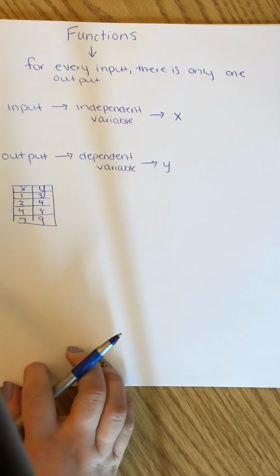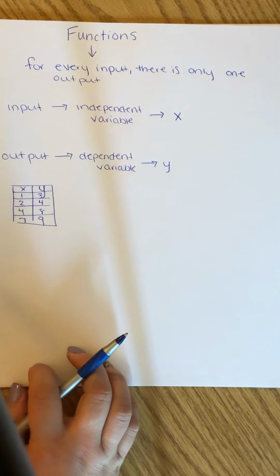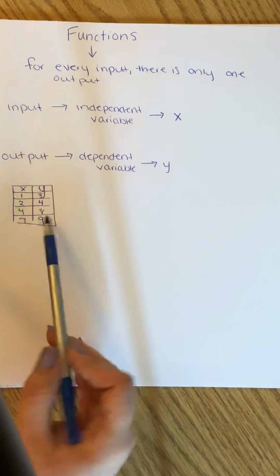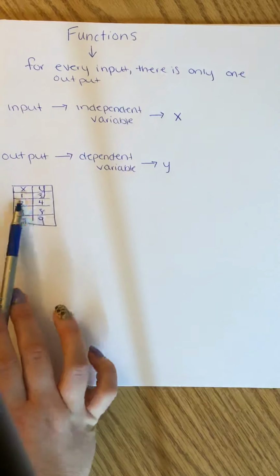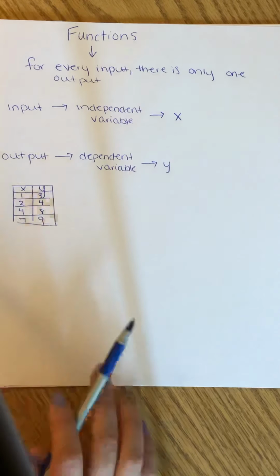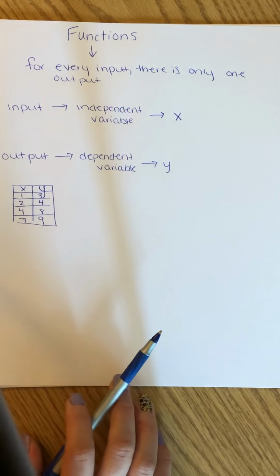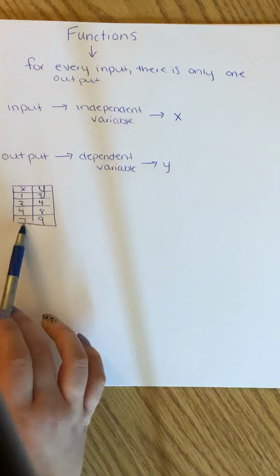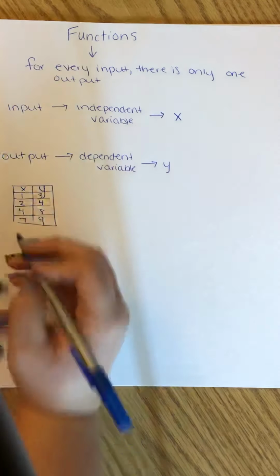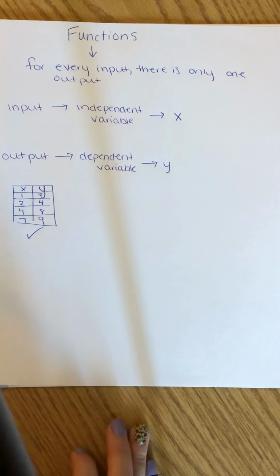So just by looking at this table, I'm going to ask myself, does every input only have one output? So does it only have one value that it goes to? And if that's true, that every x value only goes to one y value, then I would say, check, that's a function.